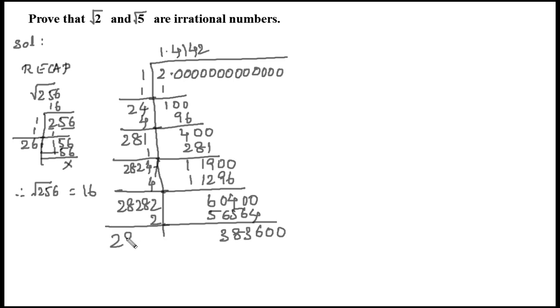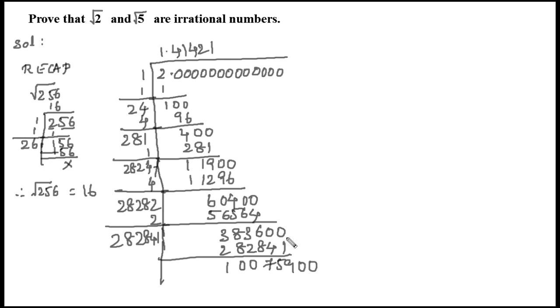It's 28284. We'll take 1 and here also 1. So it will be 28281. Now again we'll subtract it and the result is 100,759. We'll bring 2 more zeros down.